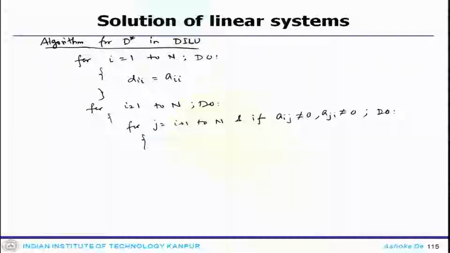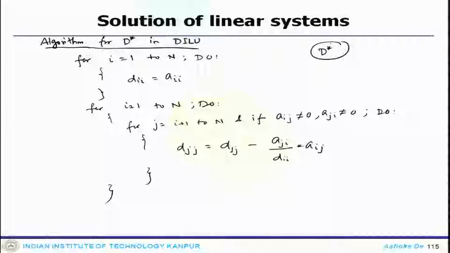You calculate Djj equals to Djj minus Aji divided by Dii multiplied with Aij. So, that closes this, then you close the other one. So, this is how you find that D star or the elements of the D star.